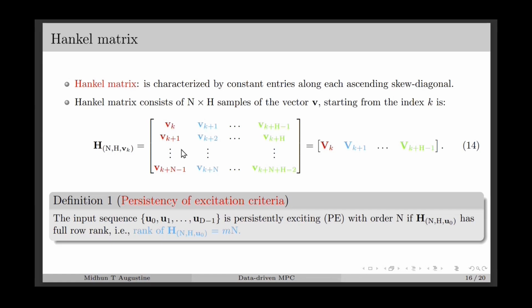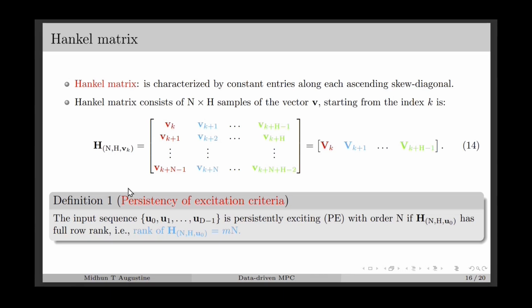Now in the case of system identification and data-driven MPC, one of the important properties is that the input-output data which we are using for identifying the system should be sufficiently rich. It basically means that the data should contain sufficient information which captures the entire dynamics of the system. And we can use the Hankel matrix for defining the richness of the data.